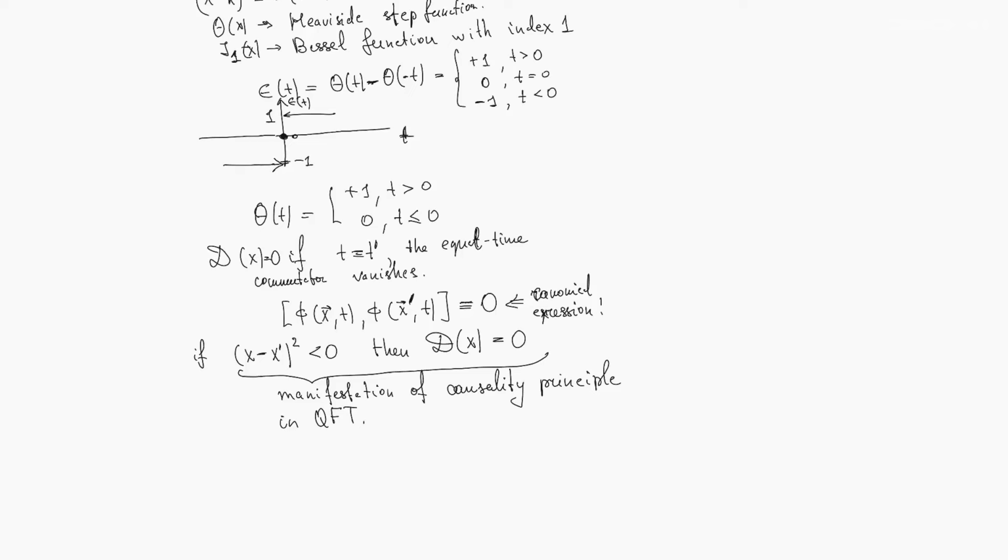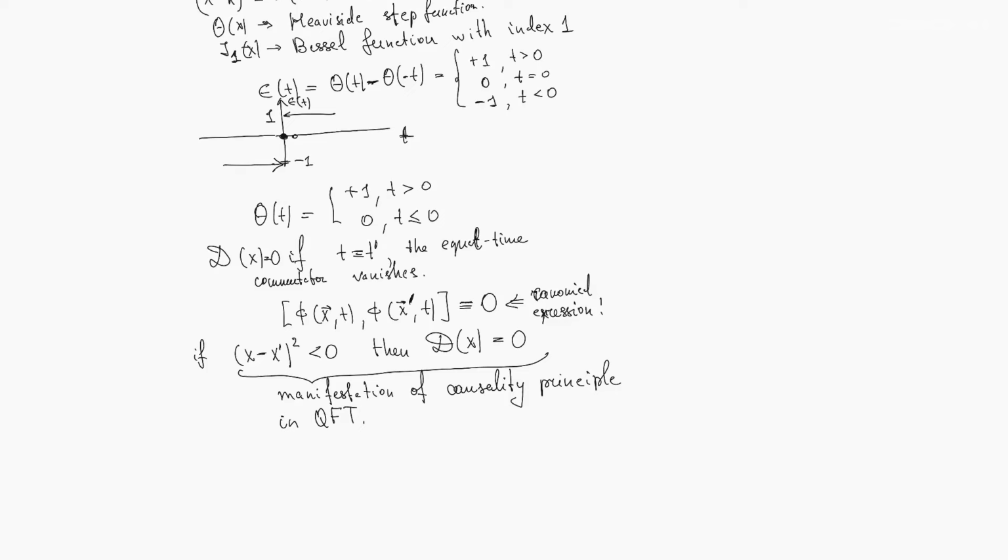So in other words, field values separated by a space-like interval are independent observables. And we know that if we have two independent observables, in order to be able to measure them, according to the basic principles of quantum mechanics, they must commute. They commute. And that is exactly what we see here.